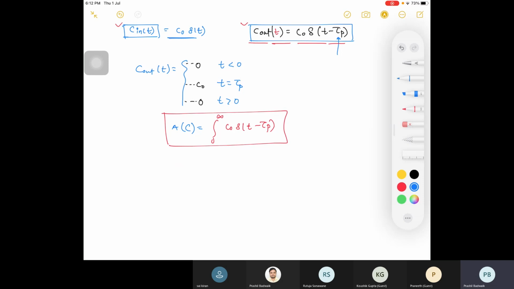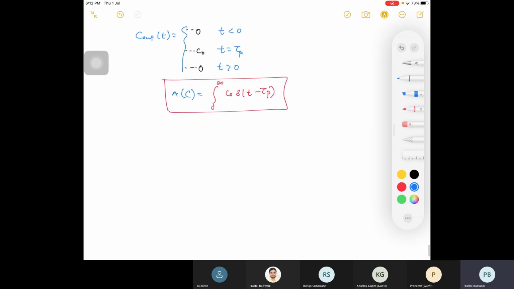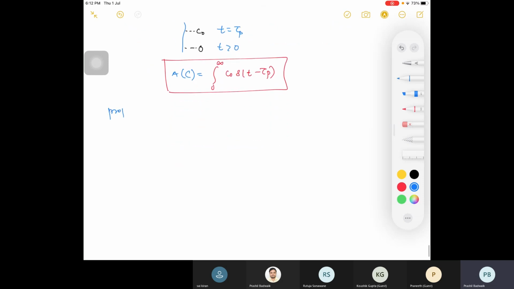Now I'll tell you some properties of the Dirac delta function. Okay, write properties of the Dirac delta function, that is del of t.